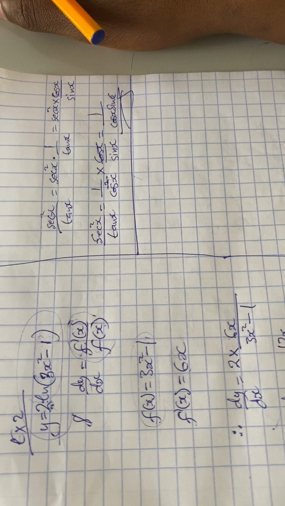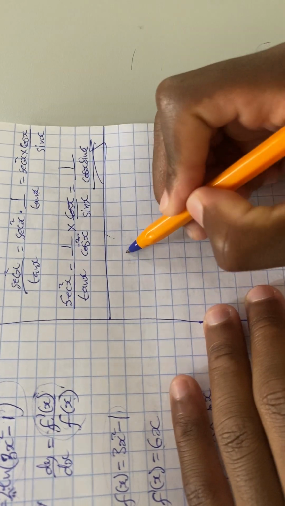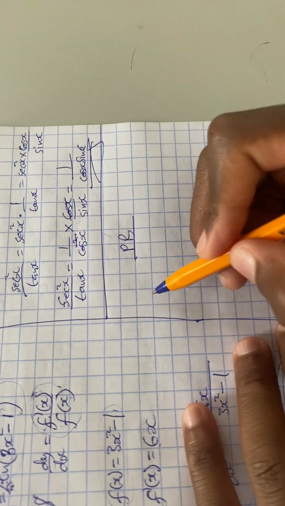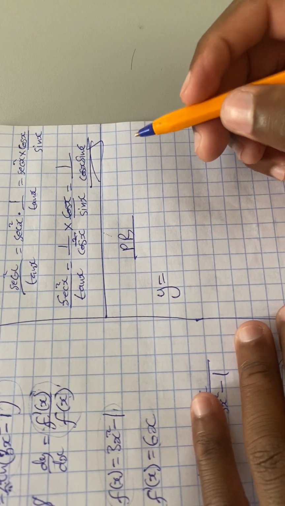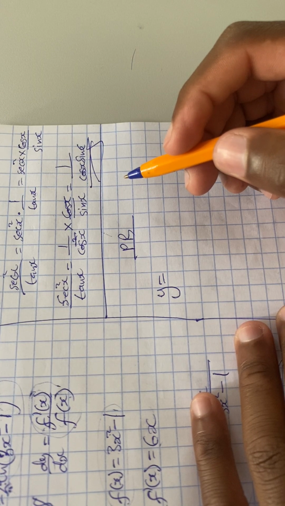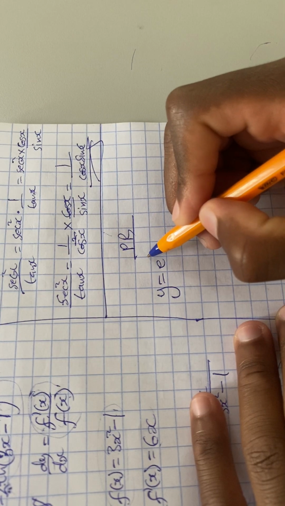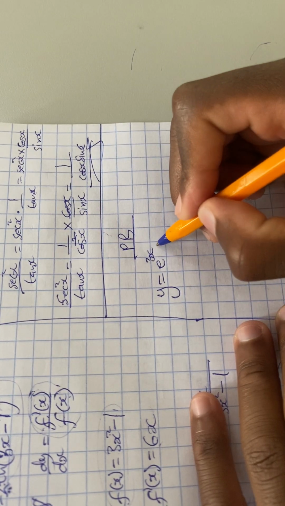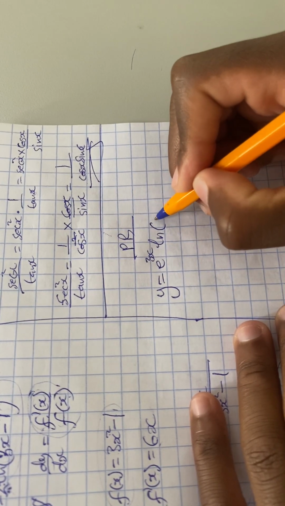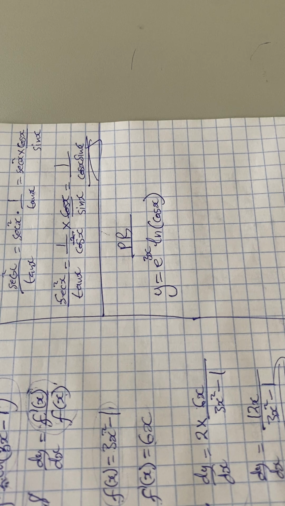For an example, I'm just applying the concept of the product rule, whereby we are given that y is equal to e to the power 3x, ln cos x, right? You're given this function. Find the first derivative of this function.